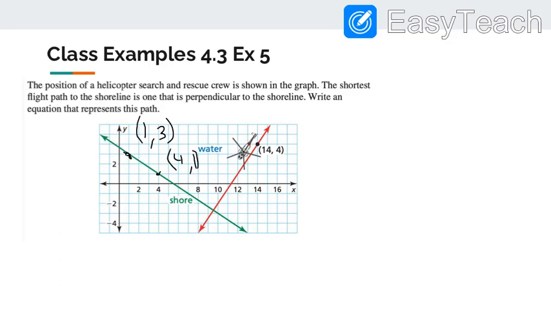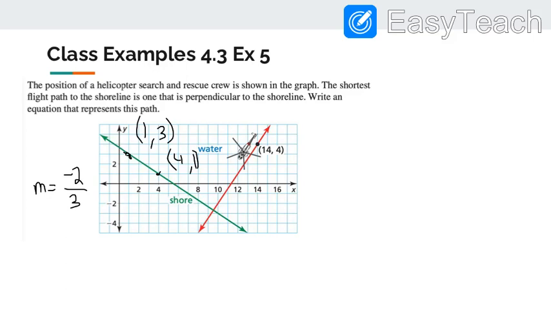Meaning we can use those points to find a slope, grab the perpendicular of that slope, and then substitute into our equation. So we have 2 points. If we find that change in y over change in x, our slope here would be a change of down 2 over 3.